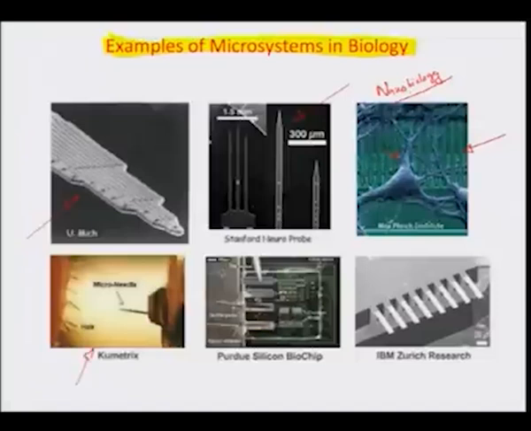Example 4 here is again a very interesting and very fascinating example of MEMS in biology. This is a micro needle, okay, and this is based on the sting or the needle of a mosquito.